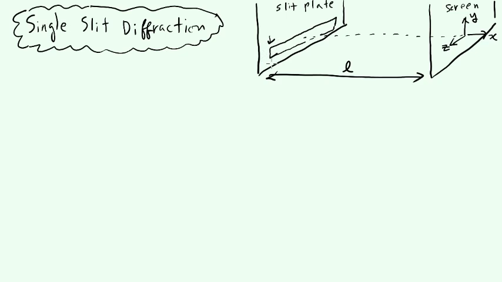So this dimension here is d, so the height is d, and in regards to the width of this slit, we will actually ignore it. Another way of saying it is that for now we're going to assume that the slit is very wide, even wider than the beam. So that's what we're going to assume.